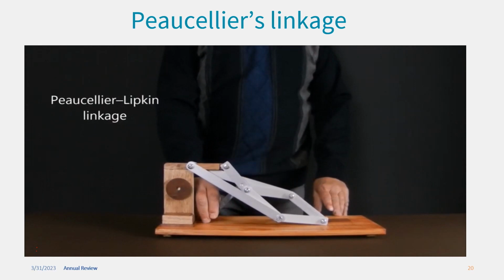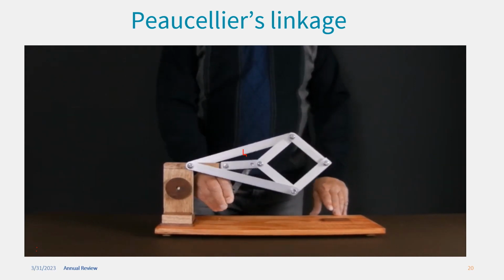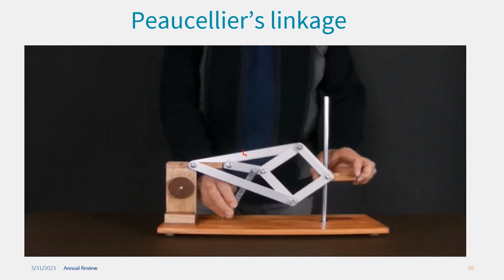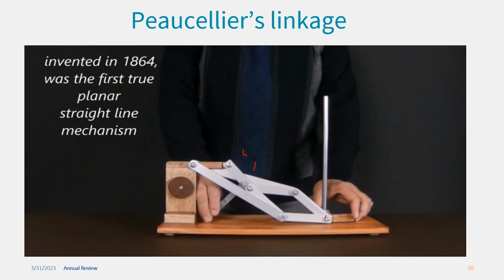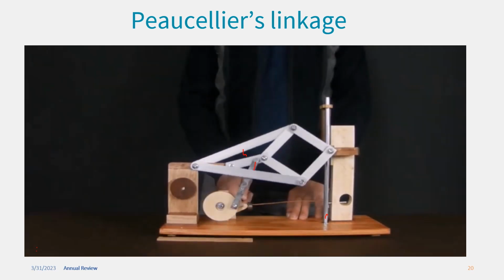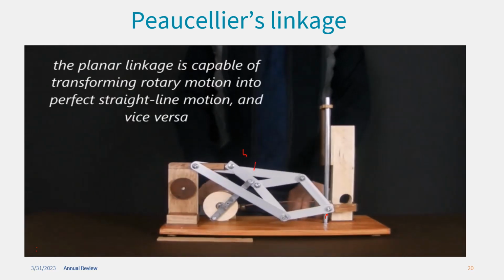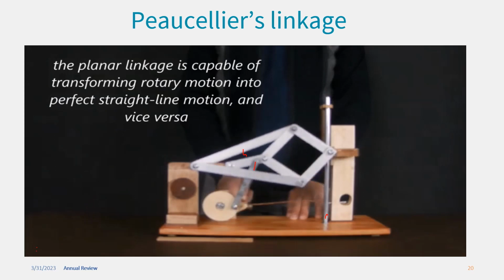As we all know, this is the point P right in here, and this is our inverse point, composed of a six-rod linkage: one, two, three, four, five, and six.